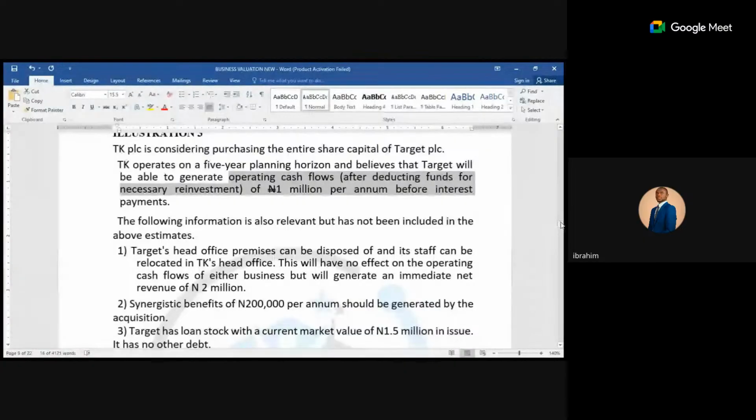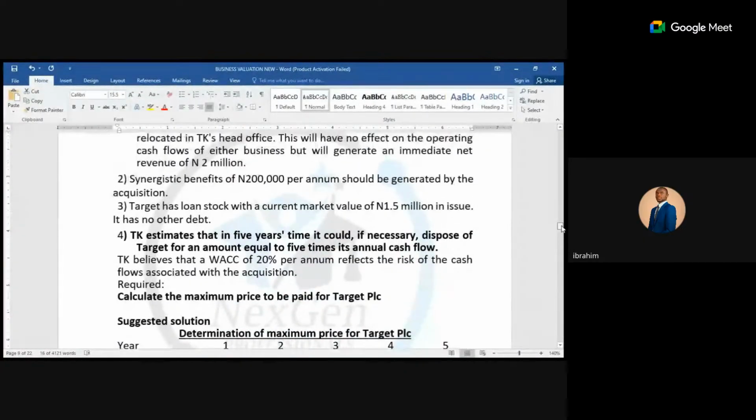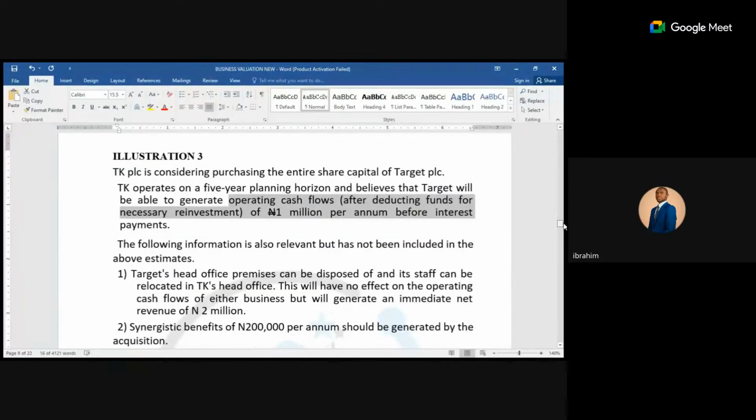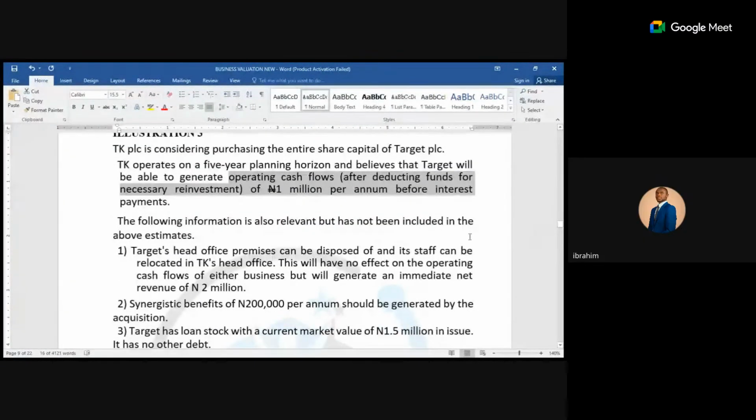Class, when you are faced with a question like this under the discounted cash flow, what you need to do is consider all relevant cash flow that are associated with either the acquisition or merger. All relevant cash flow that will arise as a result of the acquisition or merger.